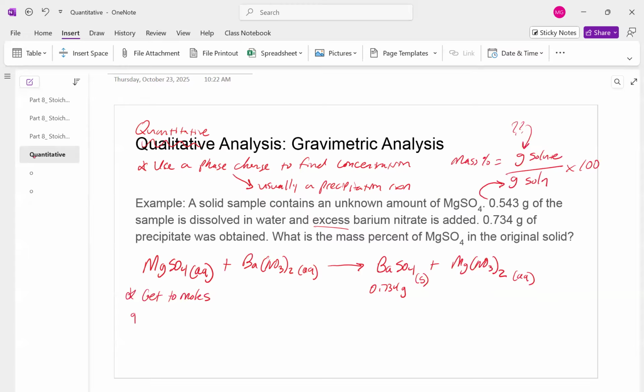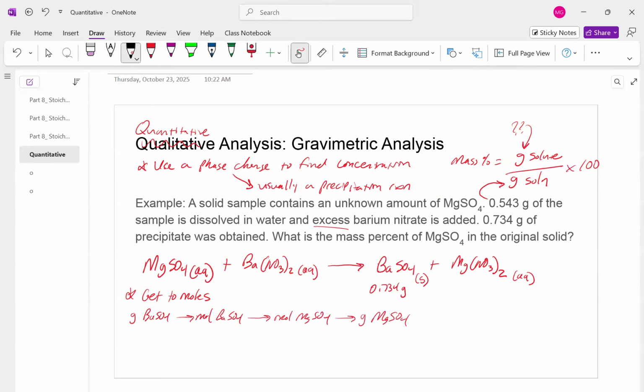We're going to take grams of barium sulfate, get to moles of barium sulfate. I need to go back to the reactants to figure out moles of magnesium sulfate. I can use the coefficients from the balanced equation to do that. And then I can get to grams of magnesium sulfate, which is what I'm going to plug in to right there.